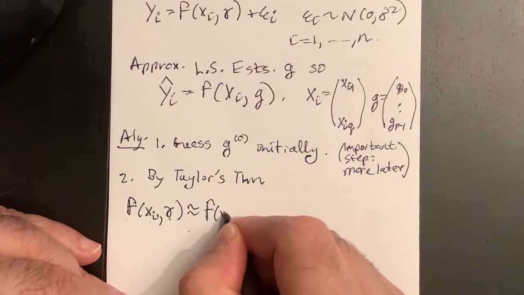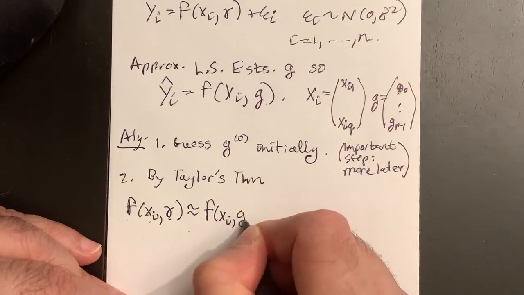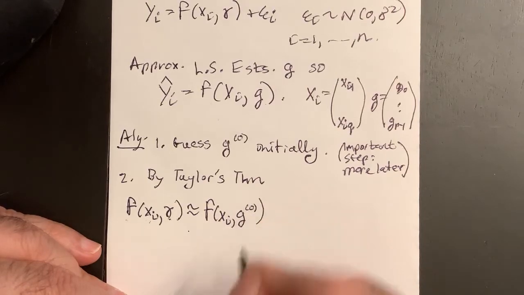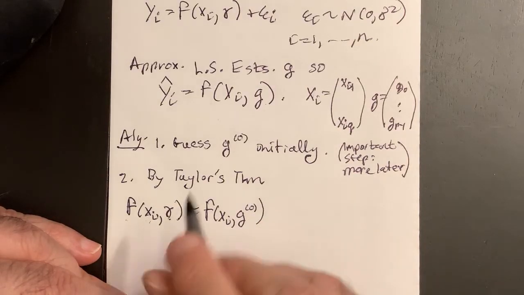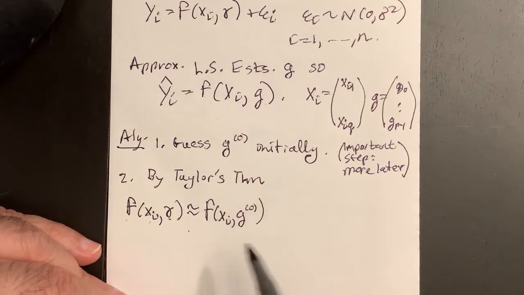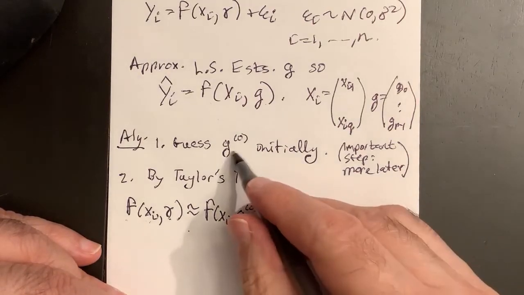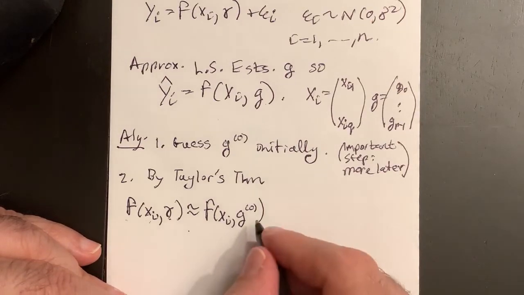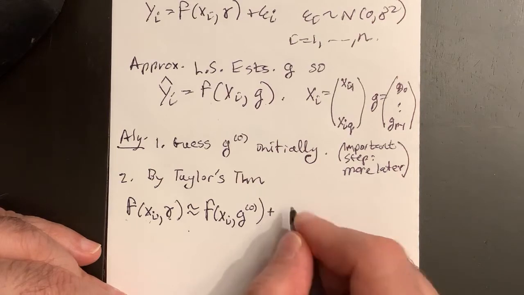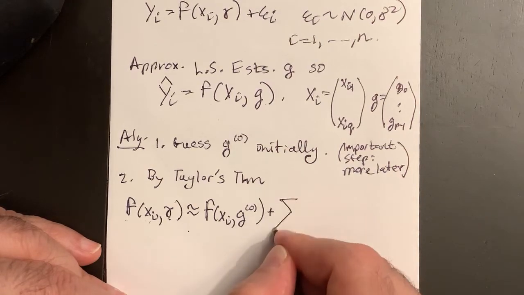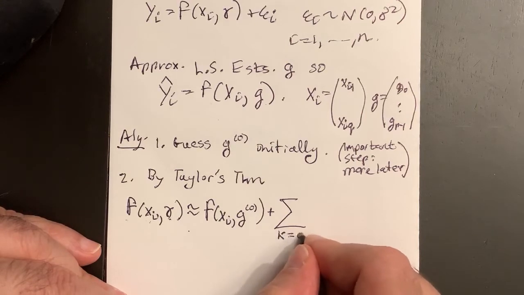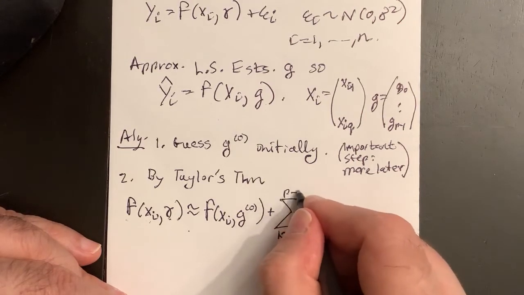Okay, so I get f. I'm going to start with my guess, g0. This means the initial vector, so every entry has to be guessed. Plus, now I have my tangent term, and since we're potentially multivariable here, we have k equals 0 to p minus 1.